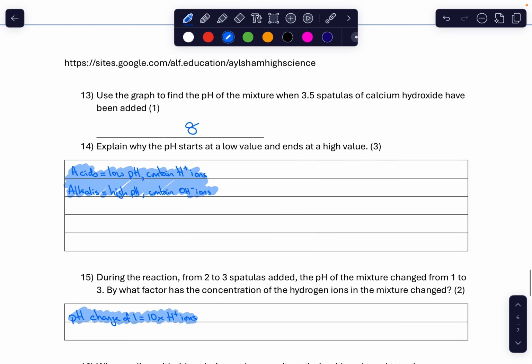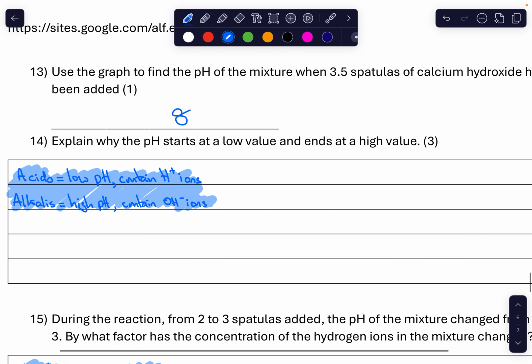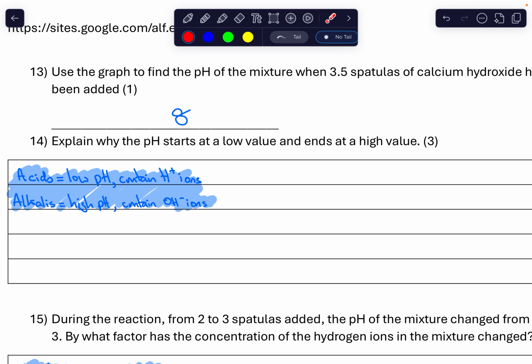Right, explain why the pH starts off low and ends up high. So at the beginning, this solution contains hydrogen ions, and the core knowledge you need to know is acids have a low pH because they contain hydrogen ions. So to do this, I'm going to do this in stages.